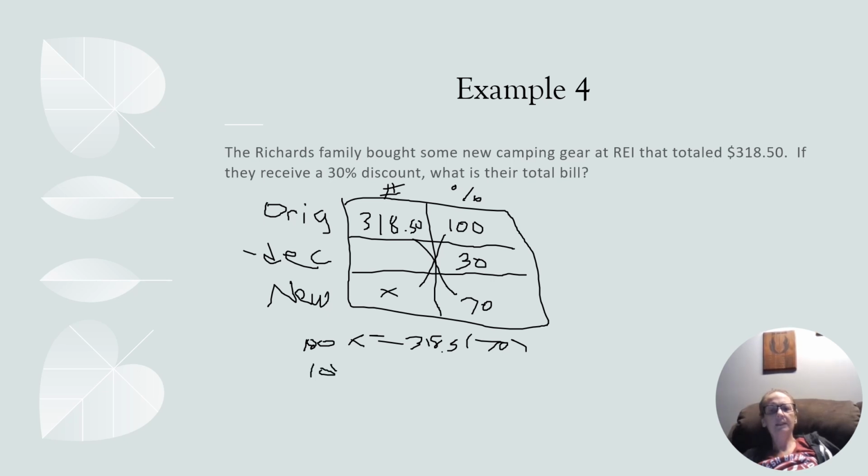So 100x equals 22,295. Then we're going to divide both sides by 100. When you do that, the decimal point just moves back 2 spots, so it's an easy division. So we get x equals $222.95.